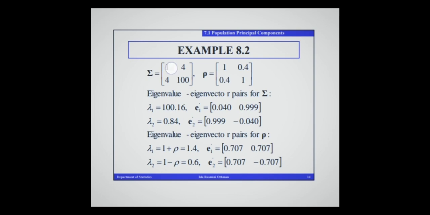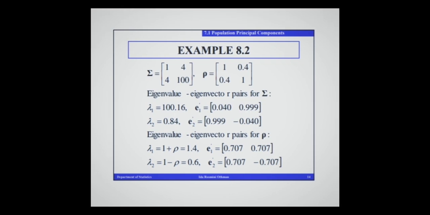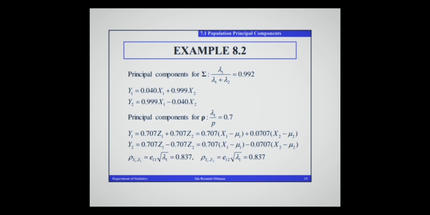We can get it from the big sigma matrix there. Here for Z2, we replace with x2 minus mu2 divided by this one, the square root of 100, which will be 10. It was missed out there, divide by 10. Okay, it is correct now, because the value here should be 0.7. Divided by 10, you will get 0.0707.